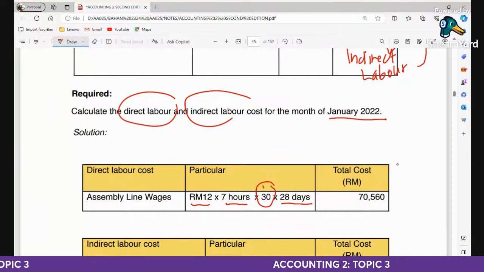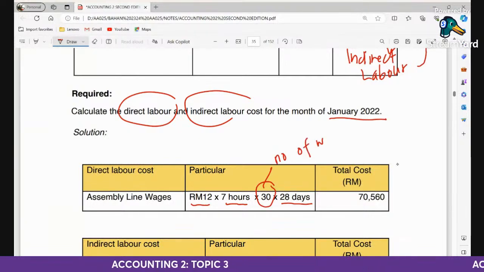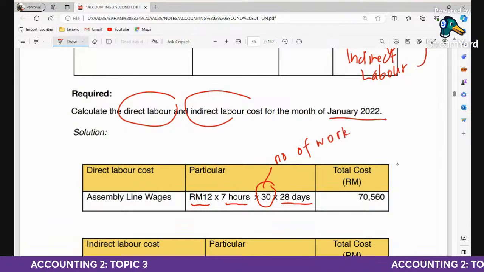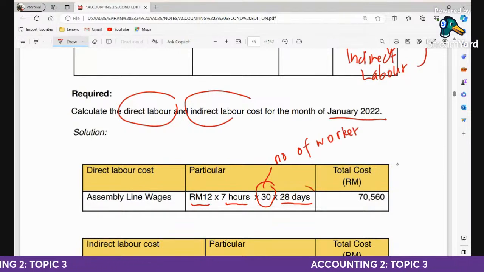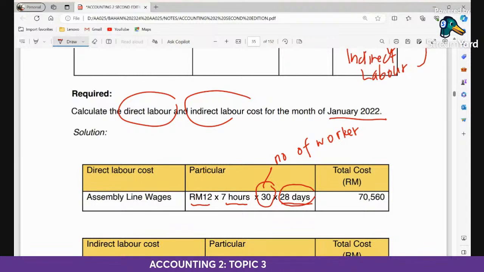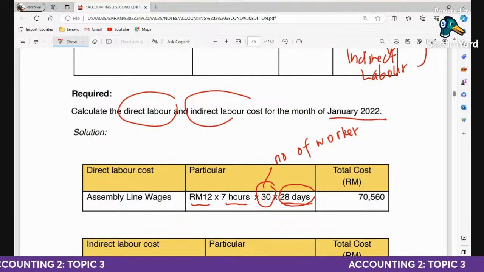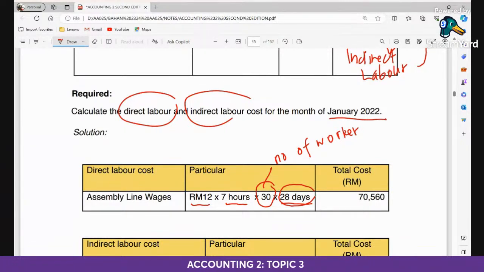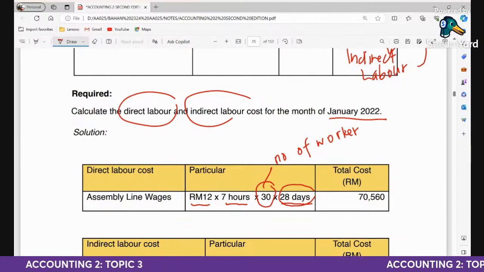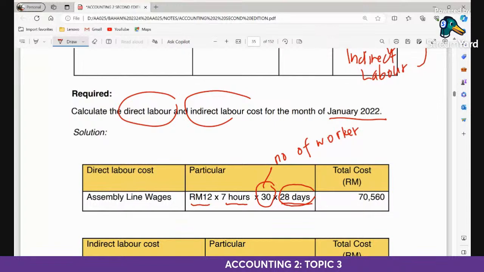This is actually the number of workers. Jangan salah pula, nanti nampak 30 ingat bulan. Actually your hari is actually 28 days. So every month, the company perlu membayar sejumlah RM70,560 dalam bentuk direct labor cost.